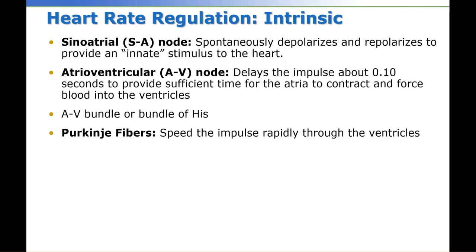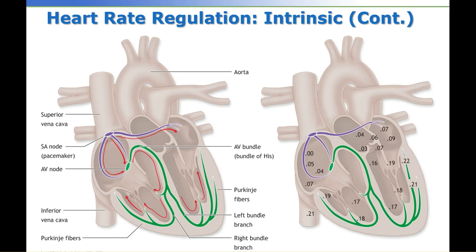Then you have the AV bundle, or bundle of His, and Purkinje fibers that speed the impulse rapidly through the ventricles. The red arrows on the figure on the left denote the normal route of excitation and conduction of the cardiac impulse. The impulse originates at the SA node, travels to the AV node, then sprints throughout the ventricular mass.